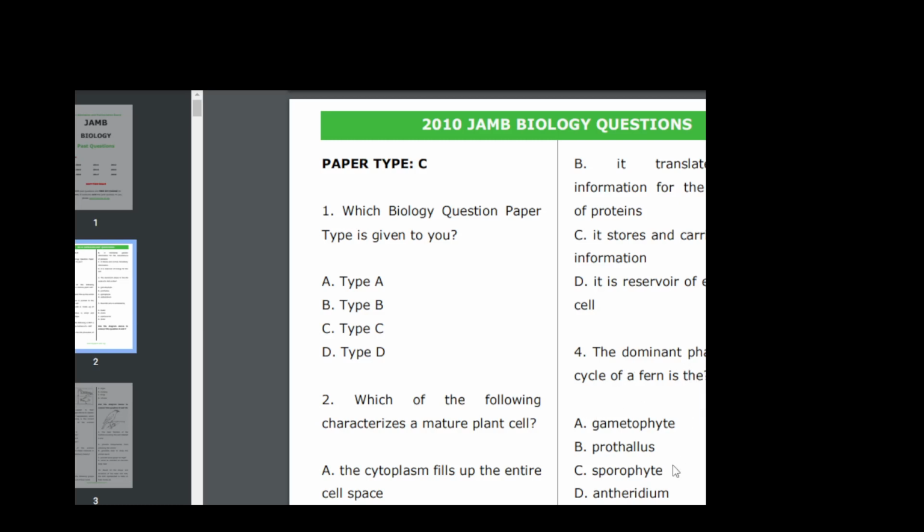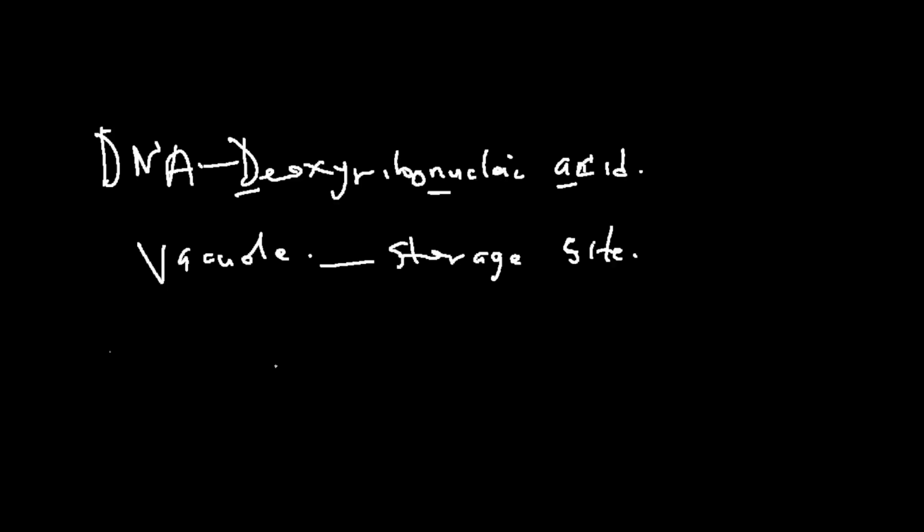Now I need you to understand, when we talk about ferns, it's a plant, and when it grows, when it germinates, it has a particular component that grows underneath. Let's assume this is the soil surface, and we have the plants like this, with the leaves like this.